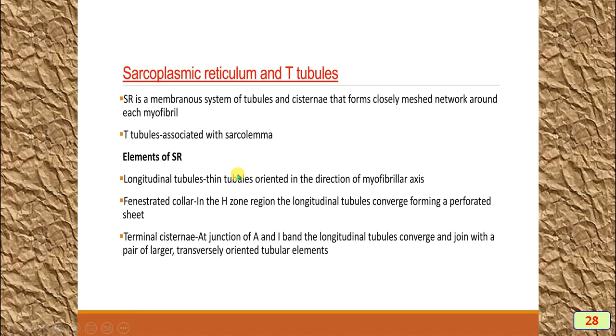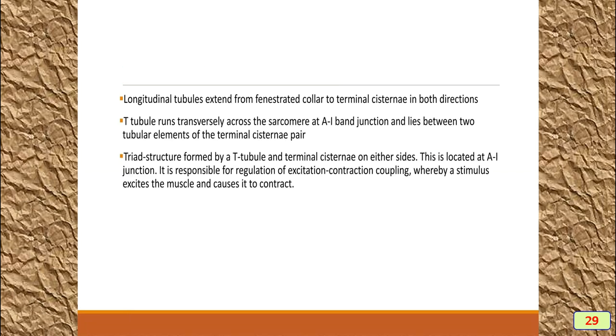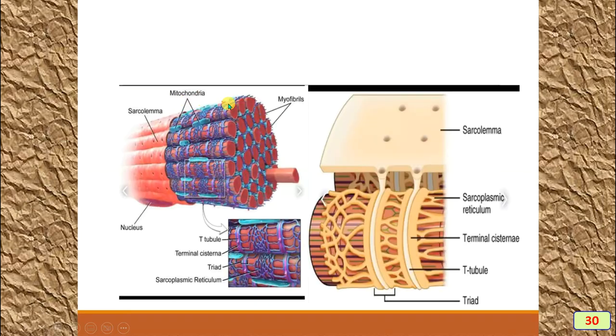They have the longitudinal tubules, fenestrated collar, then terminal cisterna, and they also contain different other components. Here you can see the fibrils, sarcolemma, then mitochondria are also present, and the nucleus is present.